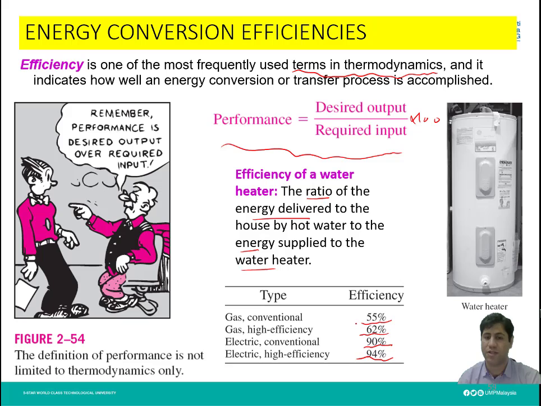You can see how big the differences are between the efficiencies when you are using different types of equipment. If you use the electric water heater, efficiency is much higher. So you can compare, when you select any equipment, you should think about its efficiency. More efficient means less energy consumption and less cost for energy for that equipment.